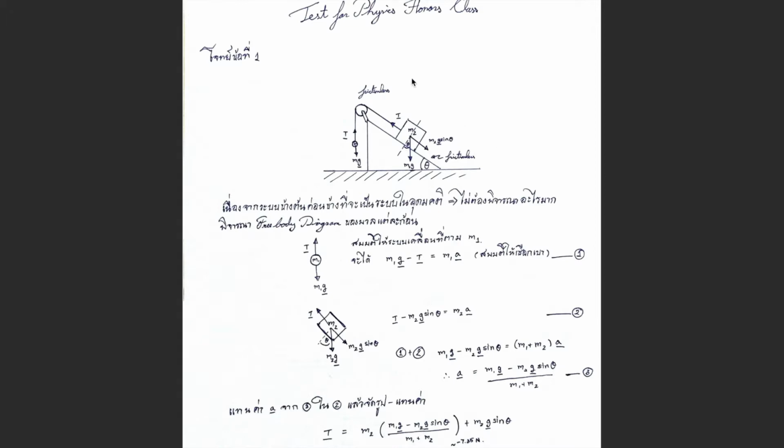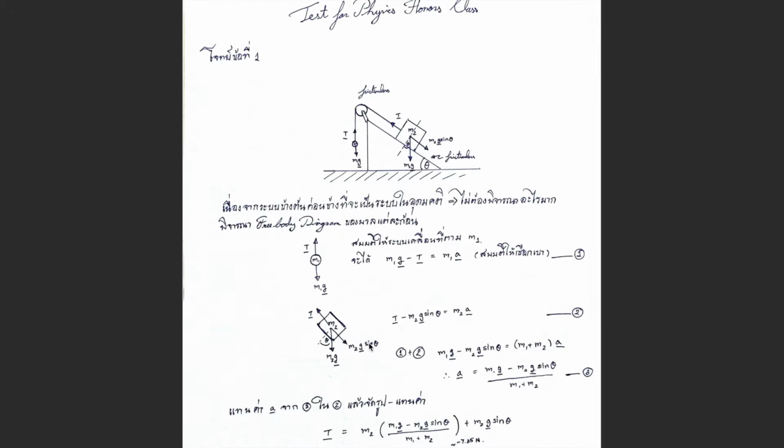Then we are going to consider the forces acting on mass 2. We have T pulling in this direction, the slanting direction, and the weight goes down vertically. We know that the angle between the normal line, the line perpendicular to the inclined surface and also the bottom surface of mass 2, and the vector of weight is theta.